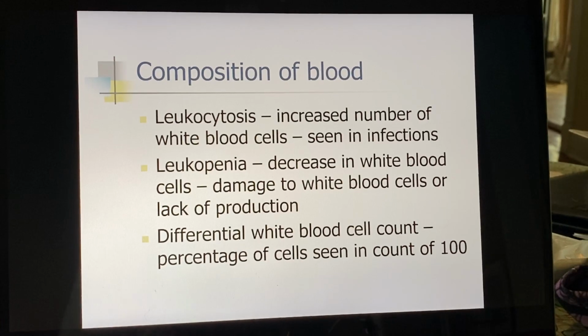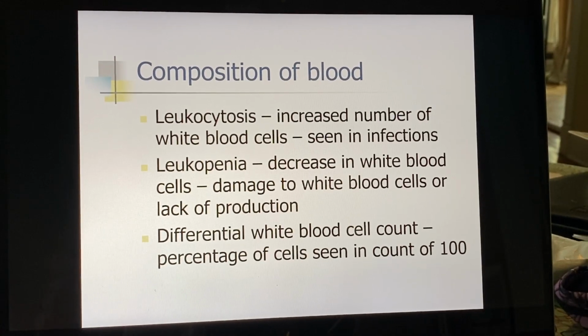So I had mentioned these terms before, but I want to reiterate them. Remember, when you're looking at a lab report that you get back from a patient, the typical number of white blood cells found in a cc or milliliter of blood is anywhere between 4,000 and 10,000.